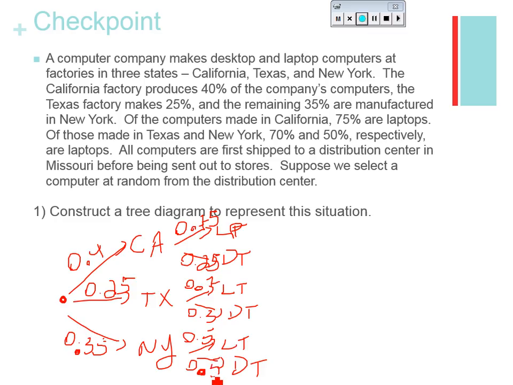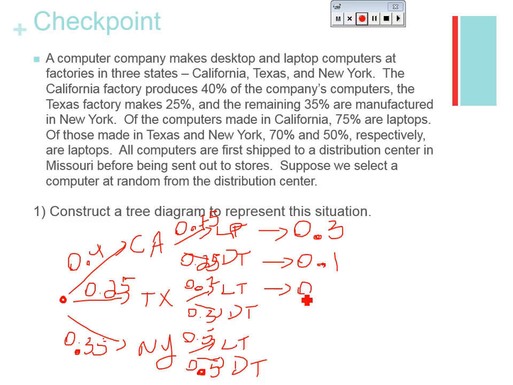So in terms of what I have here, probability-wise, the probability that a computer was made in California and is a laptop, if I do 0.4 times 0.75, comes out to be roughly about 0.3. And then the probability that a computer was made in California and is a desktop, I can find by doing 0.4 times 0.25, which is 0.1. And I'm going to do that for all the different computers that are made in the other two states.